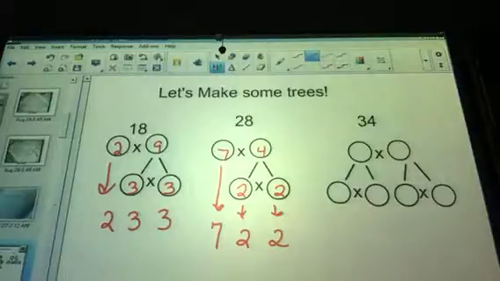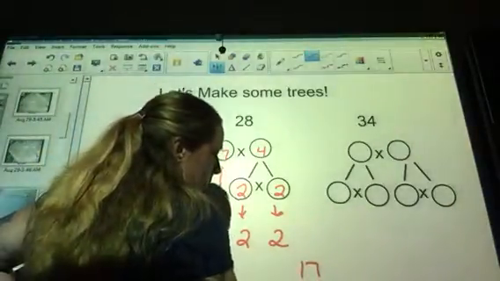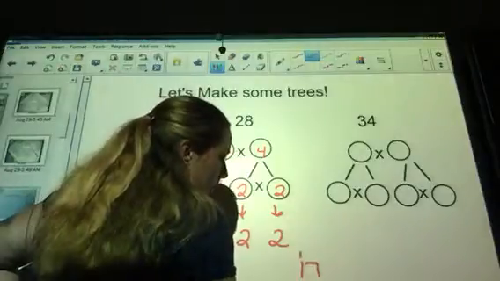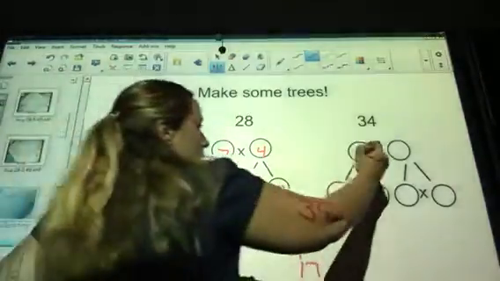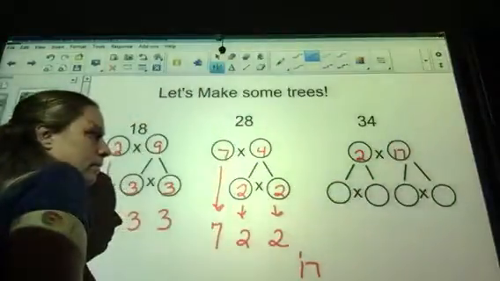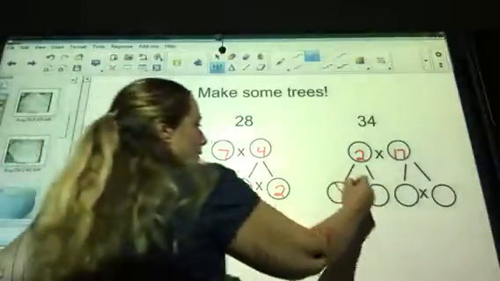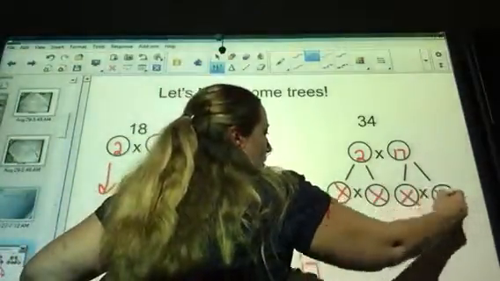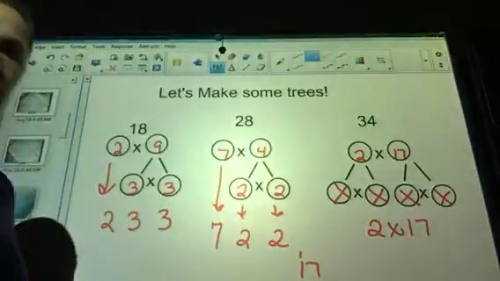How about 17 and 17? Let's try it. 17 and 17 is 34. So 34 works. So let's do 2 times 17. And you know what? Both of those are prime. So we don't even need these at all. We can just bring down 2 times 17. And you're done with that problem.